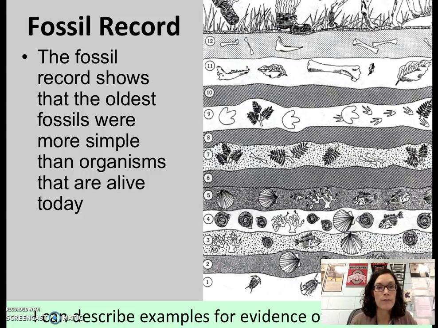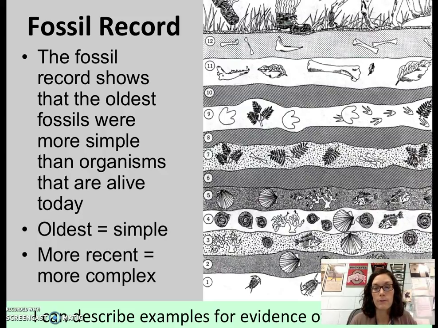And then we have more complex organisms that live more recently, so they are in the younger rock layers. So we have on there oldest equals simple, whereas more recent equals complex. And scientists use the fossil record as evidence for evolution, that over time organisms have gotten more complex.